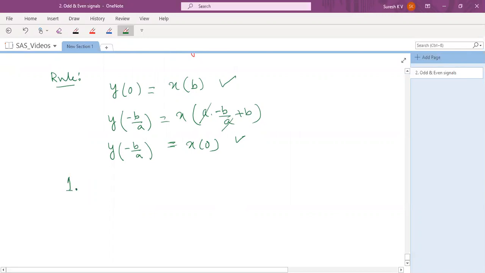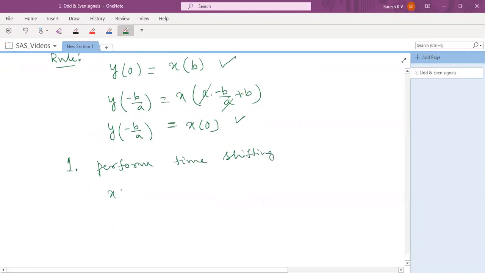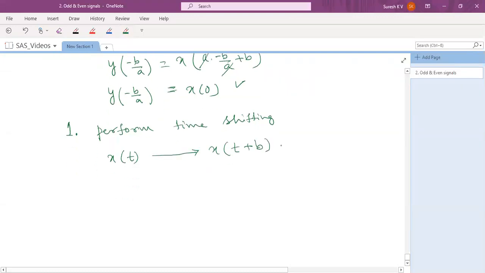So the first step is to perform time shifting. That means if x of t is the input signal, first I should perform x of t plus b. Then let me call this some v of t. Second step is perform time scaling.